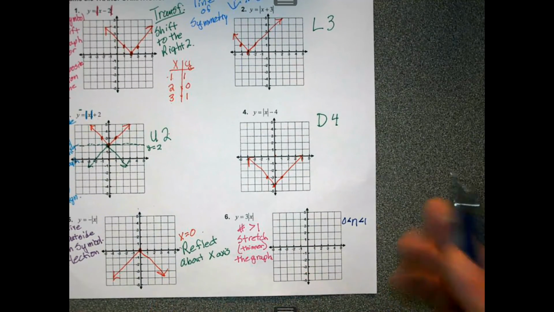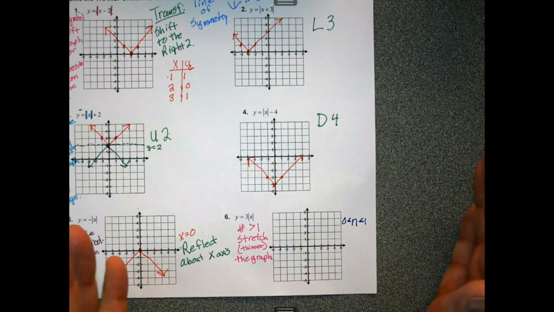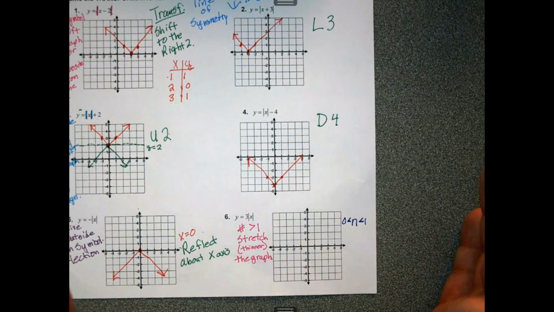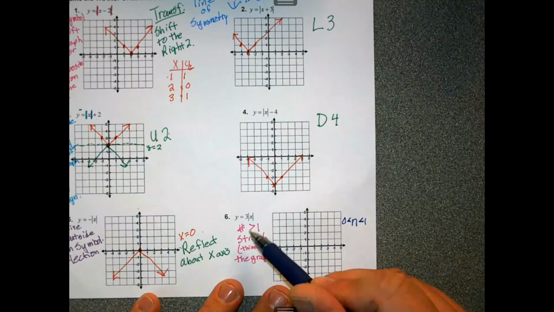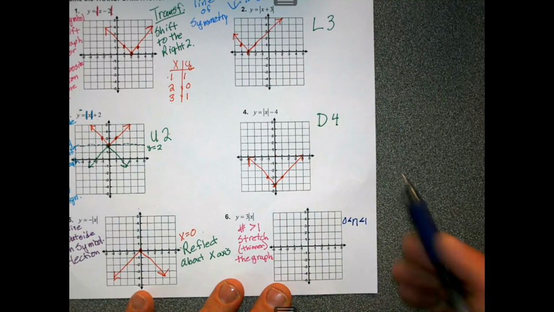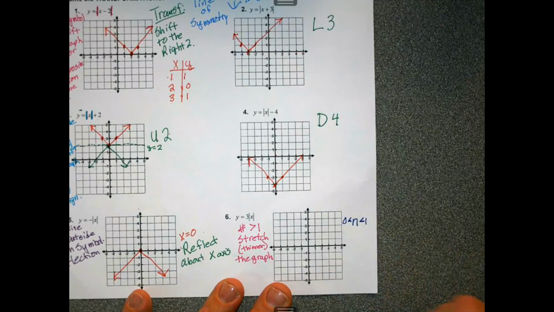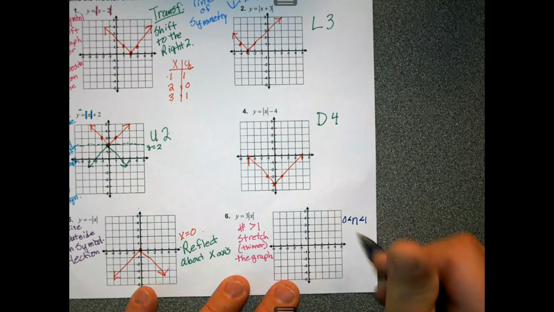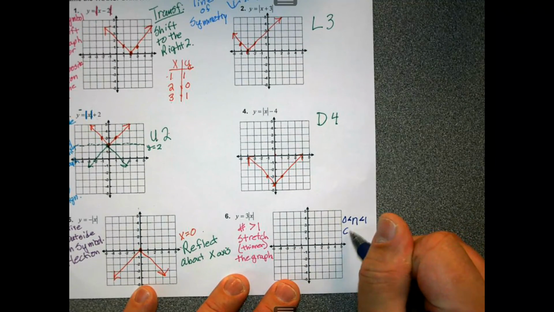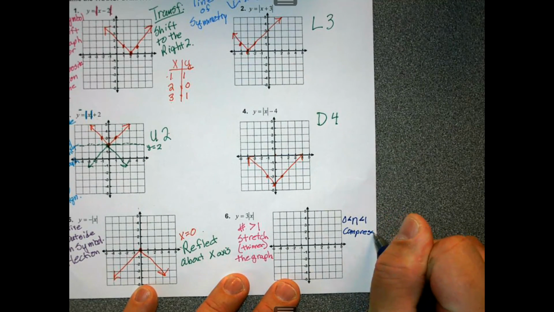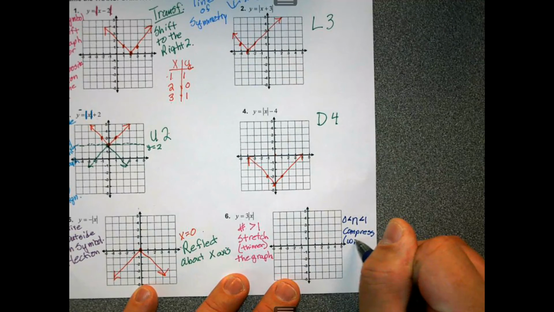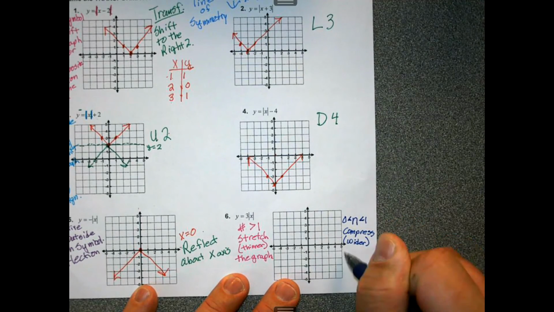Now this means like 2/3, 3/4, not like 5/3 because the fraction 5/3 is actually greater than 1. So it has to be a fraction between 0 and 1. We're going to compress, or make it wider, the graph.